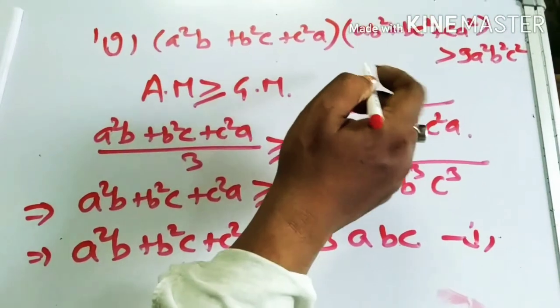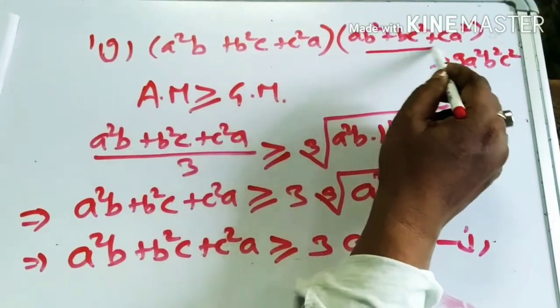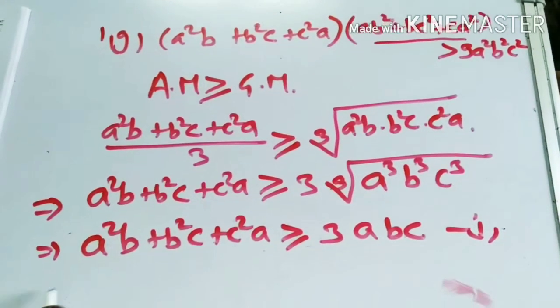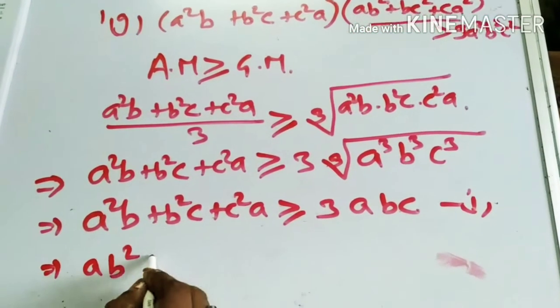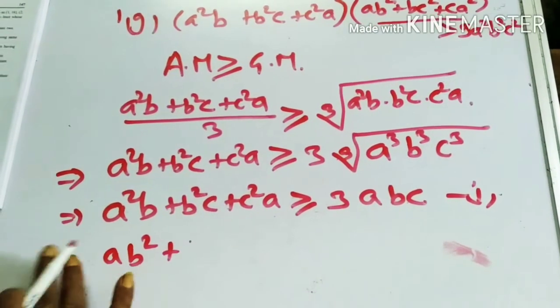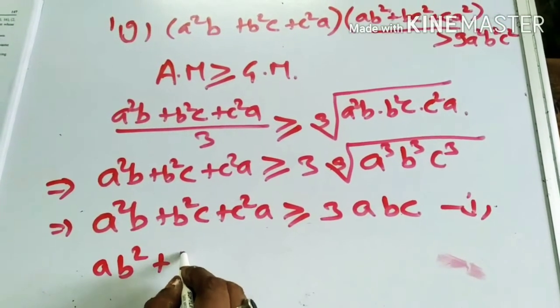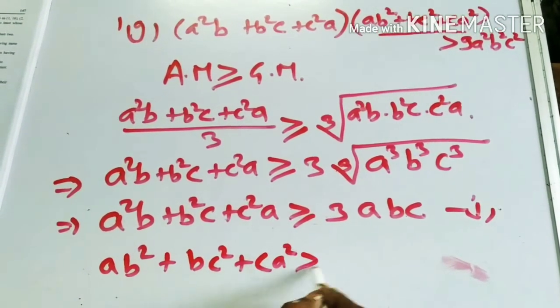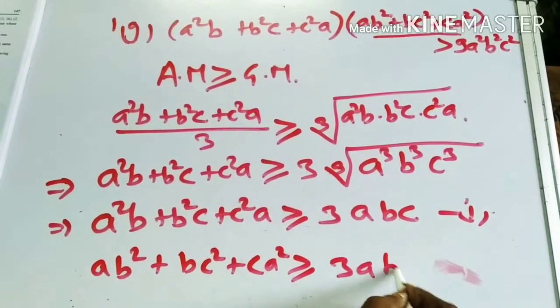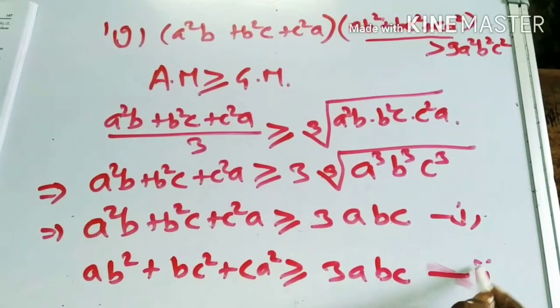For the second set, I can directly write ab² + bc² + ca² ≥ 3abc. This is equation 2.